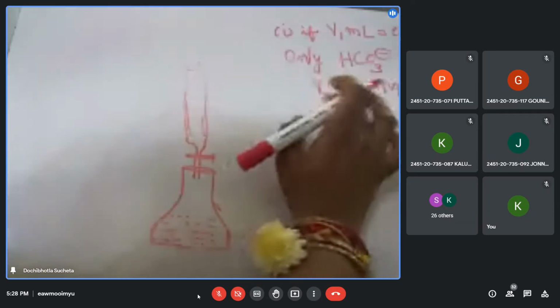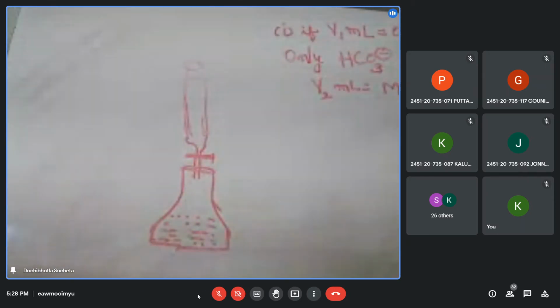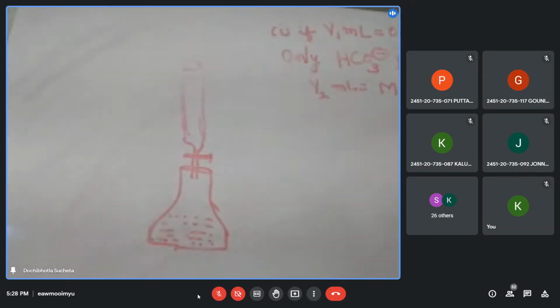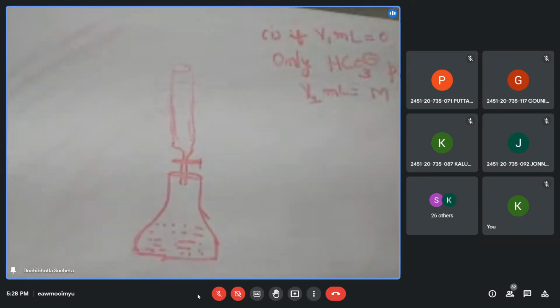Therefore V2 ml is equal to M. So if methyl orange is the only indicator which is showing color, and phenolphthalein absolutely does not give the pink color, then the test sample has only OH minus. Did you understand the first option? Only OH minus. Then I'll do the calculations.